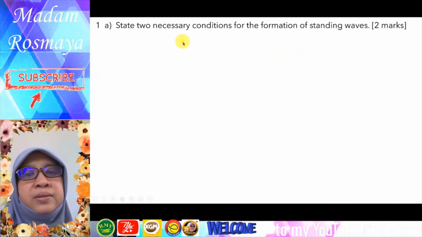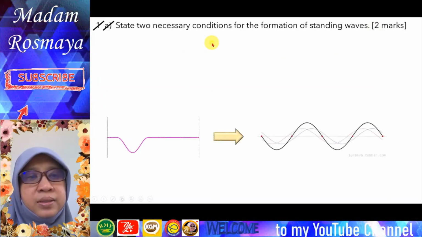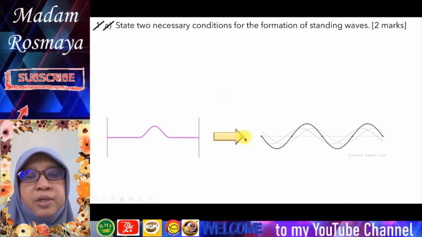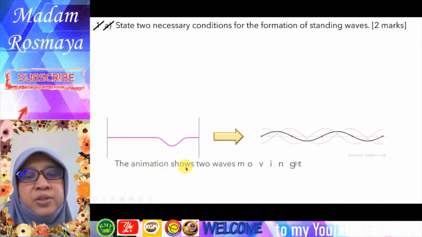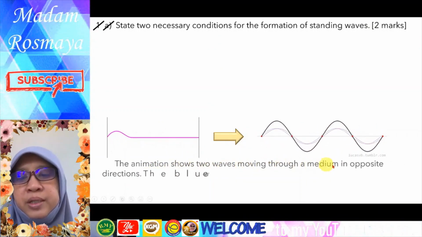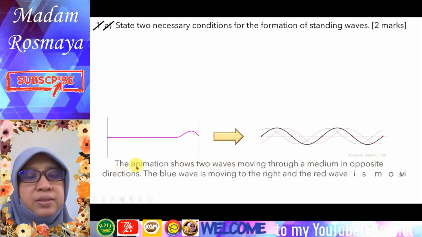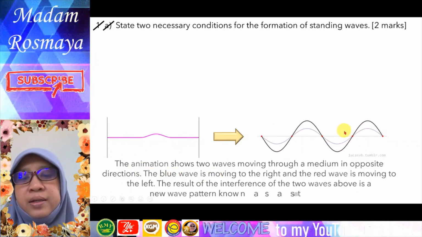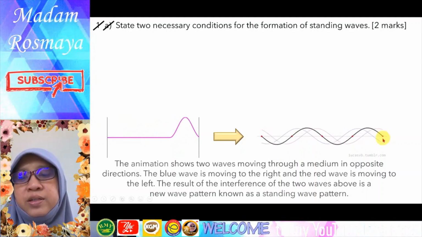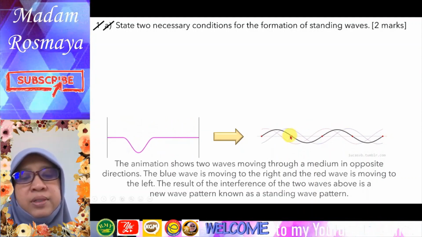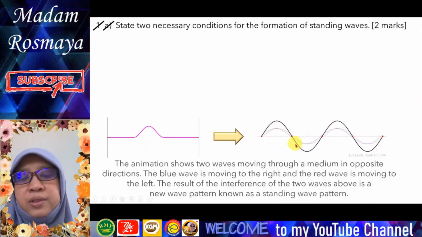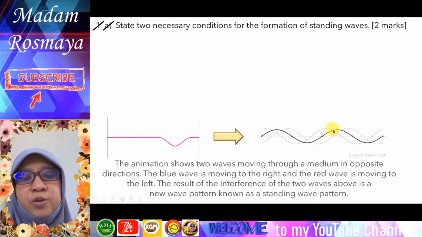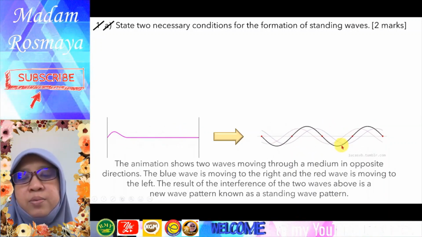So the two necessary conditions, you can refer to the animation here. The animation shows two waves moving through a medium in opposite directions. The blue wave is moving to the right, and the red wave is moving to the left. The result of the interference of the two waves is a new pattern known as a standing wave pattern.